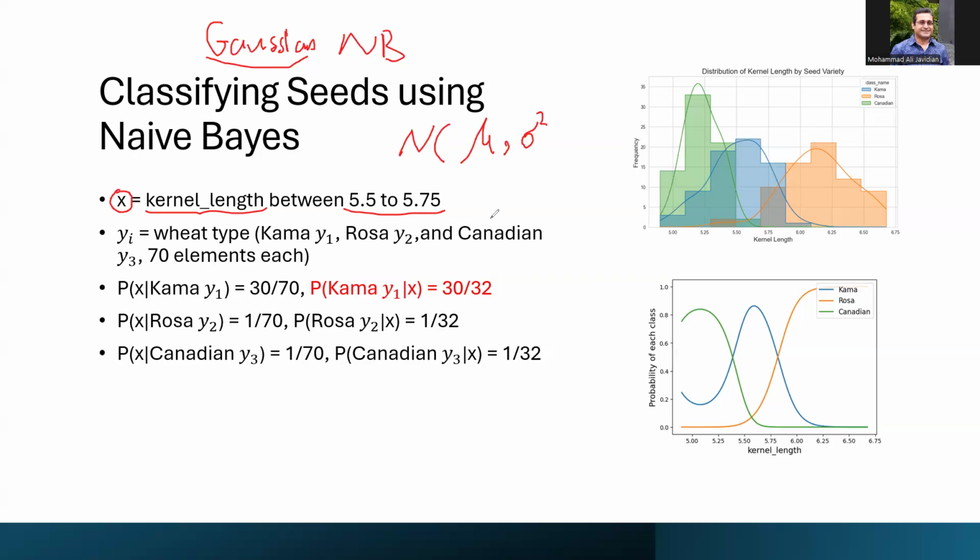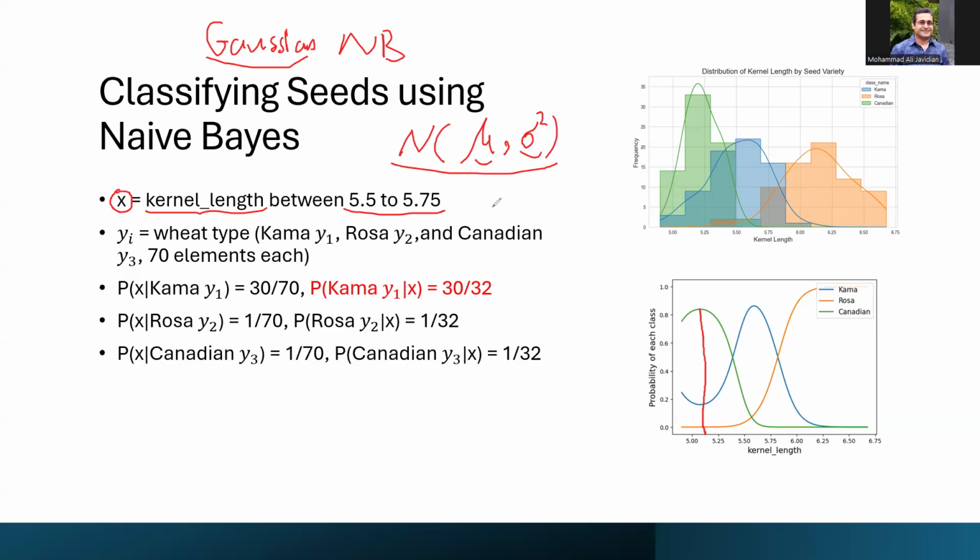When you fit it to the Gaussian model, the model learns the closest normal distribution that's a good fit for that type of data. For example, for the Canadian, you can find the mean, and as you can see here for the green one, the mean and the variance. When you fit the data to this Gaussian distribution, the model learns the mean and the variance.